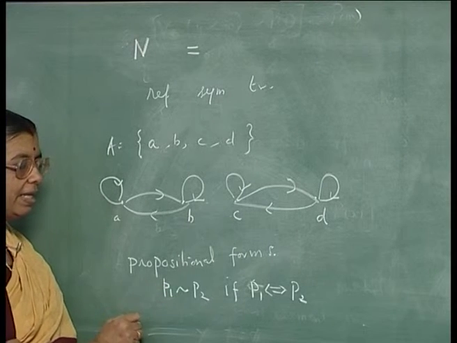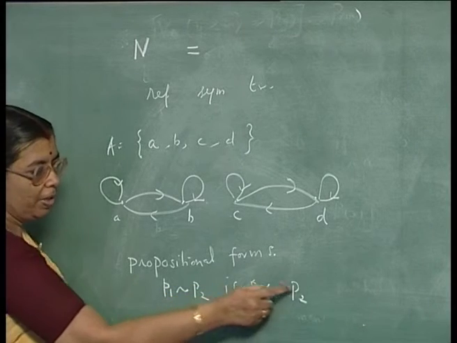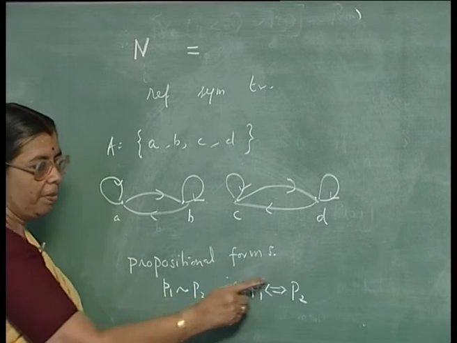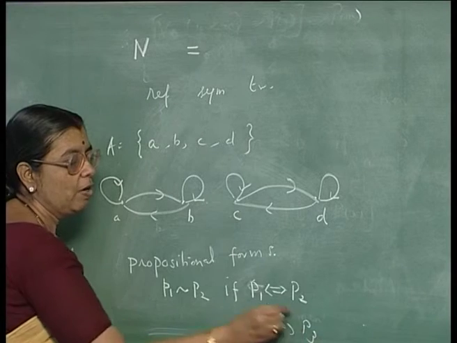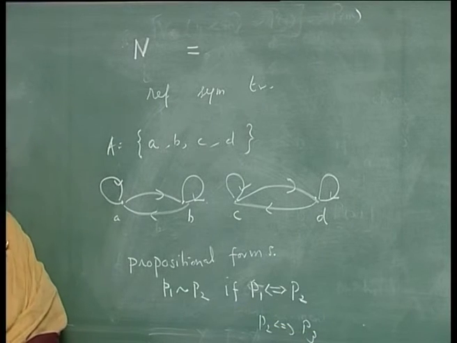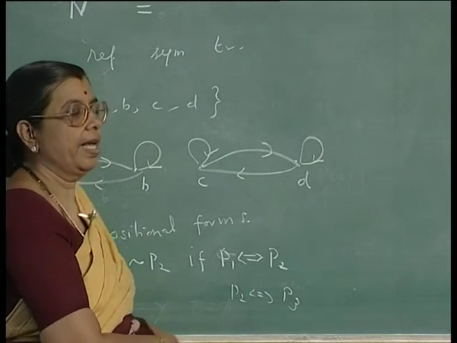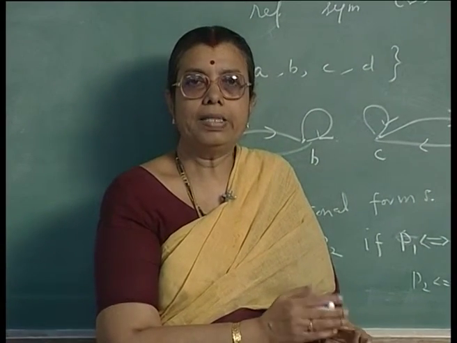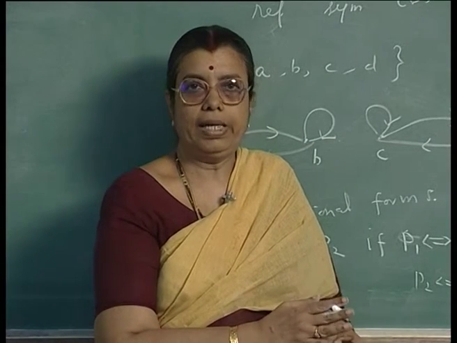Then this is reflexive. P1 will be equivalent to itself, and if P1 and P2 are equivalent, then that means P2 and P1 will be equivalent. If P1 and P2 are equivalent and P2 is equivalent to P3, from that you can conclude P1 is equivalent to P3, the transitive property will hold. So, this is another example of an equivalence relation. Or if you take the set of lines in a plane, all lines parallel to each other are considered equivalent.